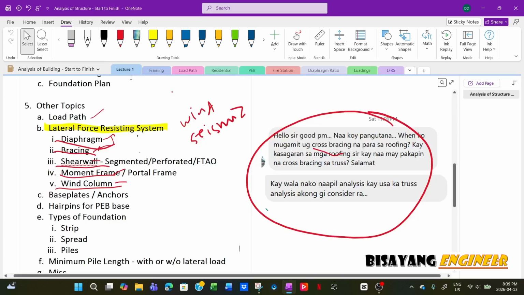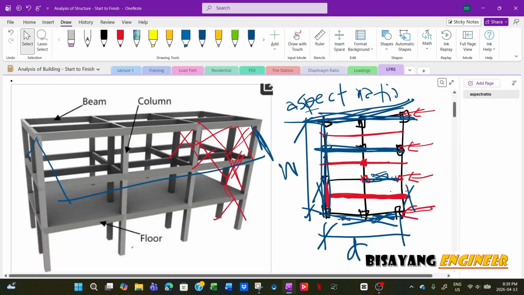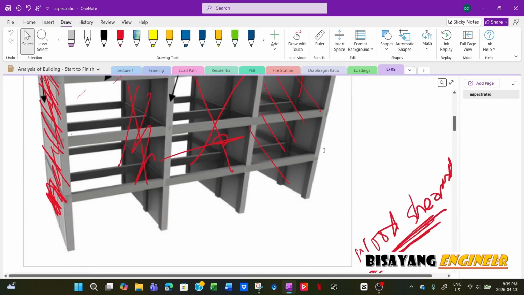Let's check. So we have moment frame, portal frame, wind column. Now, wind column is basically just a cantilevered column. I've used this one, I think, once or twice only.